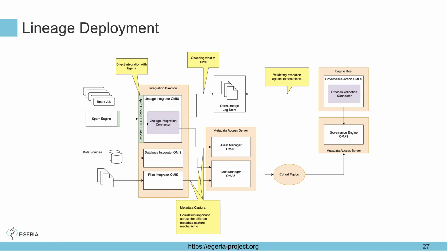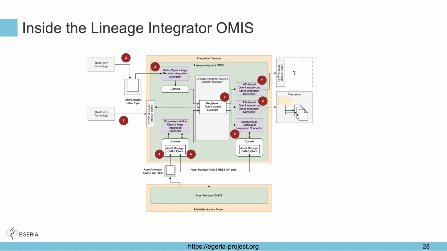Inside that Lineage integration service, it's possible to have multiple connectors asynchronously integrated through what we call the OpenLineage listener capability. So it's possible to have different types of integration connectors listening for OpenLineage events coming in through the HTTP endpoint, and then distributing to different systems.